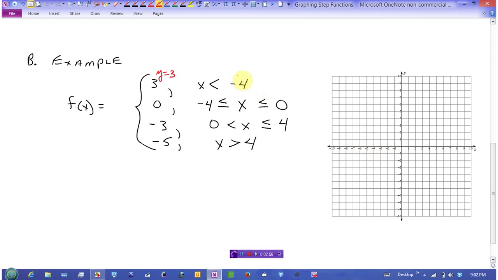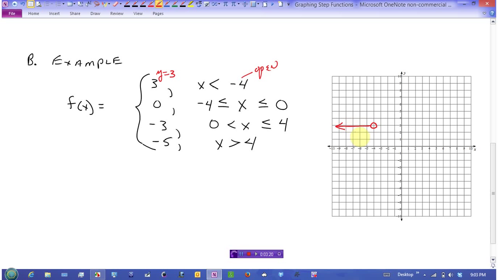And because it says less than negative 4, this is going to be an open dot. And y will be 3 for all values of x that are less than negative 4. So that'll be a horizontal line there at y equal to 3.